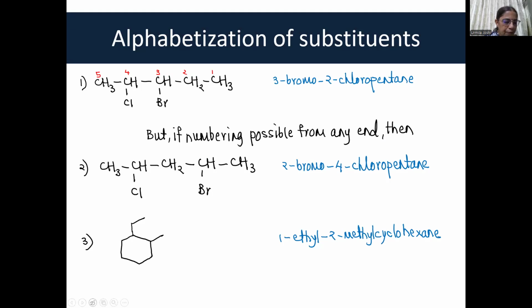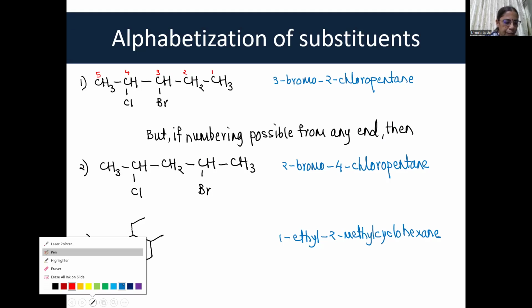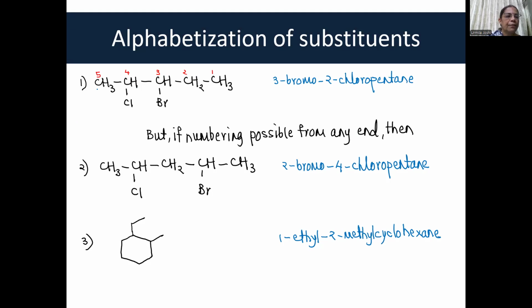But if you start numbering from the other end, the substituents get lower numbers. So you have to start numbering from this end. Okay. But substituents you mention alphabetically. So, 3-bromo, 2-chloropentane.